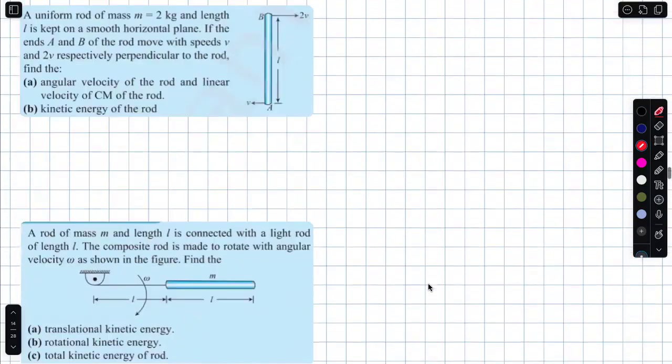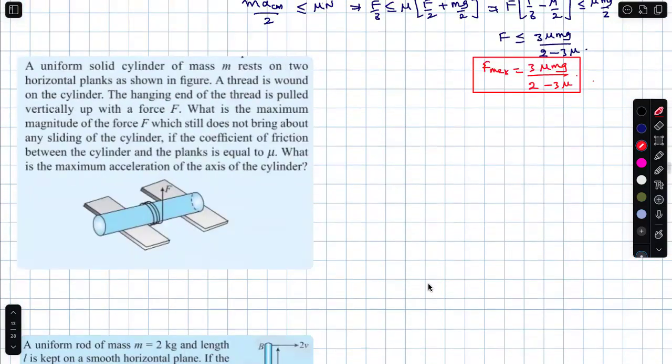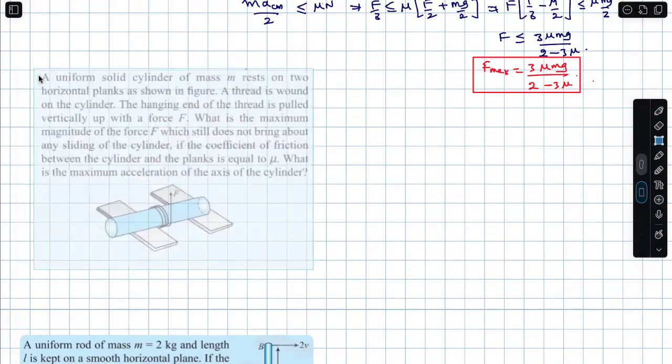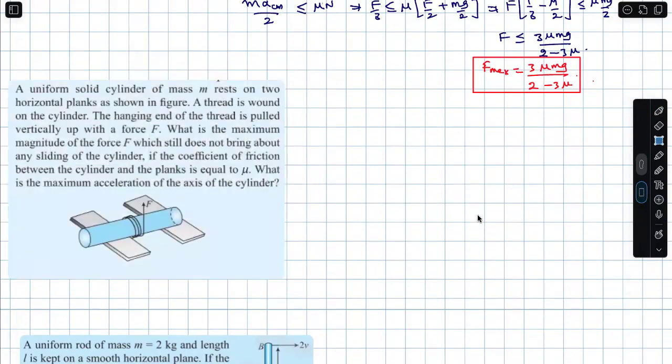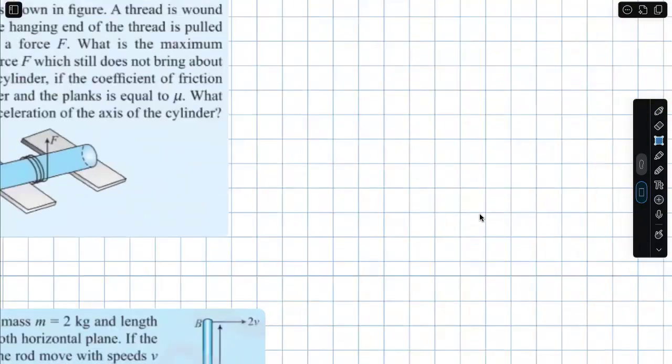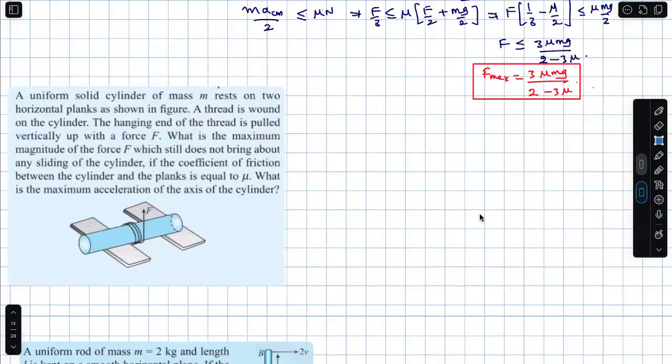Next, same situation. A uniform solid cylinder of mass M rests on two horizontal planks as shown in the figure. A thread is wound on the cylinder.